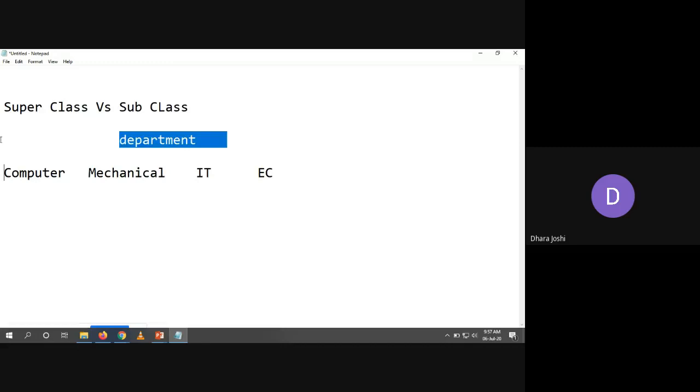We are talking about one more thing. Suppose any one of you, I'm talking about me. Suppose we are twins or brother and sister. My parents are my superclass and me and my brother are subclasses. Some of the characteristics we can inherit from our parents, like blood group or whatever.